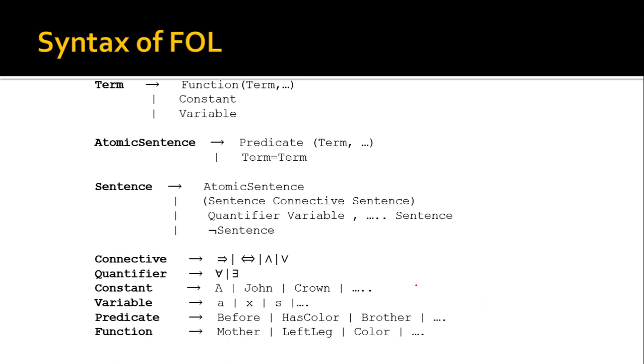Now going to the syntax, this is the grammar of first order logic. The most basic entities in this grammar are the terms, right? A term can be a function, and you can see that a function has arguments. It can have multiple arguments. We have already given an example of a function like, say, lead actor, which expects one argument here, right?